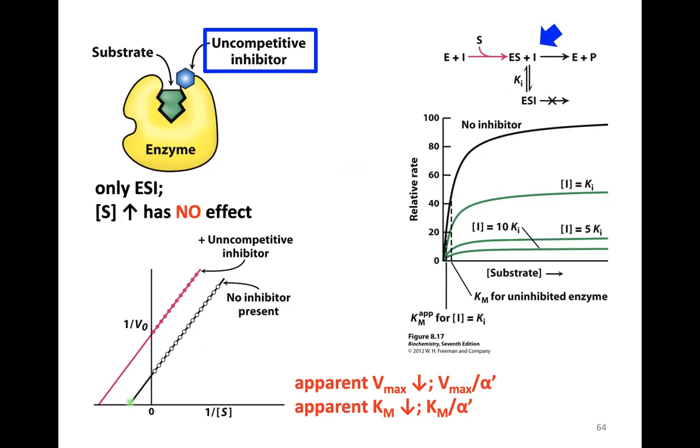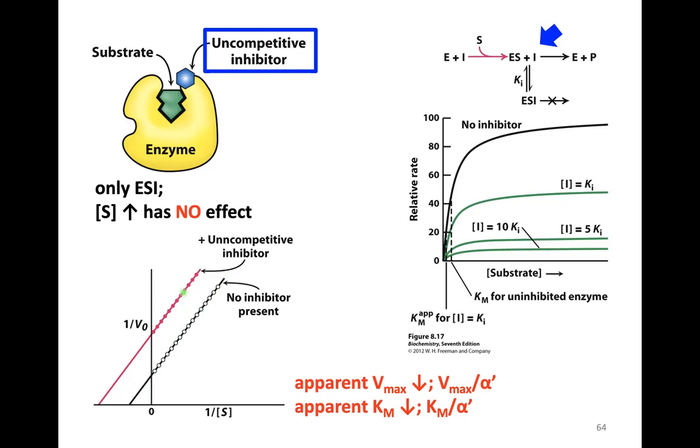So if we look at our Lineweaver-Burk plot, in the absence of inhibition, we have this black plot. Here is 1 over Vmax, and minus 1 over Km as the x-intercept.